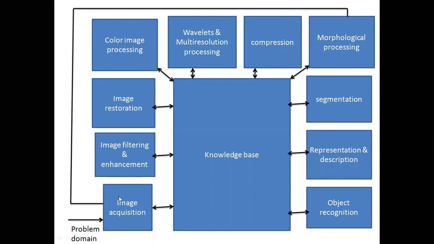So the input is image and the output is image, which type of processing is that? Low level processing. Whatever processing you do from this module till here is low level processing.